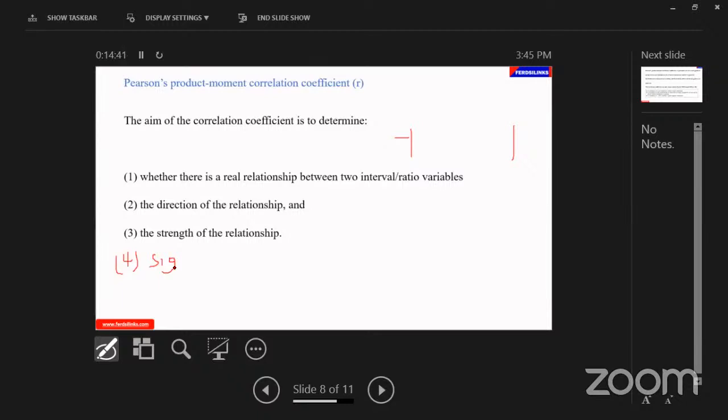Three, we talk about the strength of the relationship: the correlation can be weak, moderate, strong, or even perfect, or no correlation. So there are different possibilities. Four, the relationship can be significant, or it can be insignificant. Any worry?